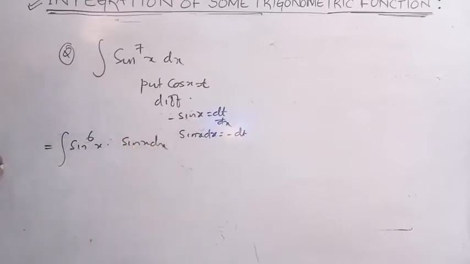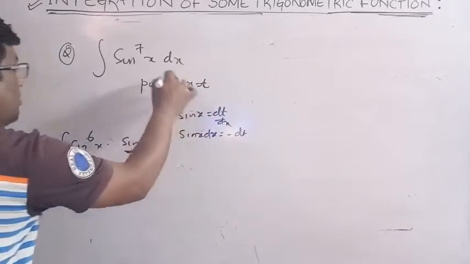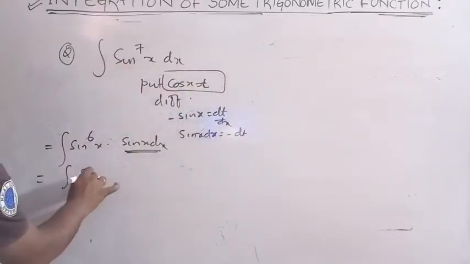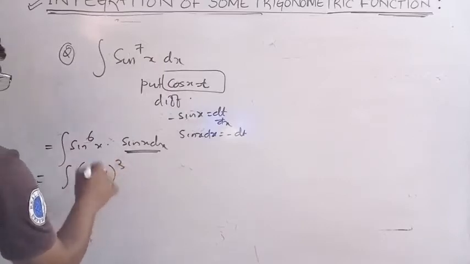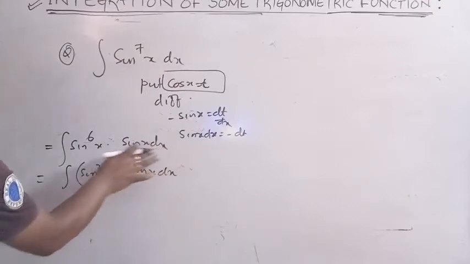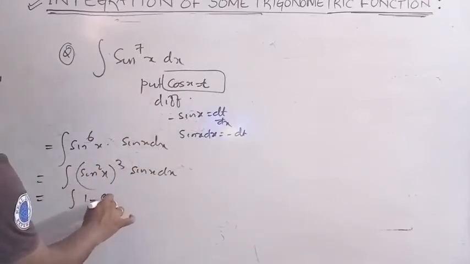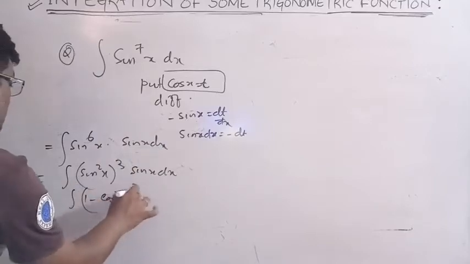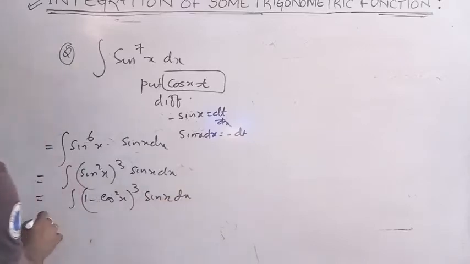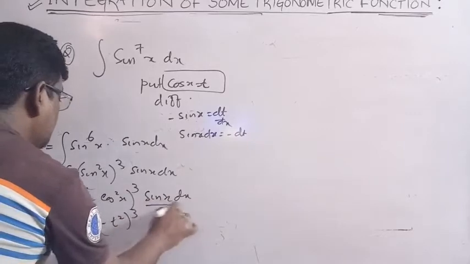Now sin 6x into sin x dx becomes sin square x whole cube, and this is sin x into dx. Sin square x, in terms of cos, is 1 minus cos square x. So 1 minus cos square x whole cube, and this is sin x dx. This is equal to 1 minus t square whole cube, and this is minus dt.